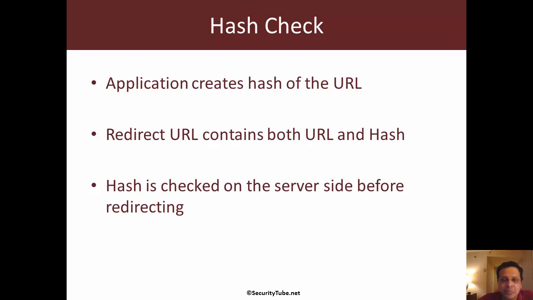This is done simply because then the application does not have to maintain a huge list of URLs and the corresponding hashes. Now, when an application receives a redirect request for a given URL and the supplied hash, it goes ahead and checks it, and if the hash is valid for the URL, then it allows it through.